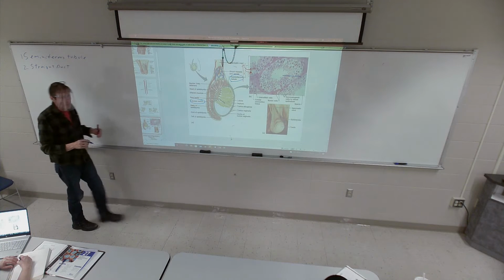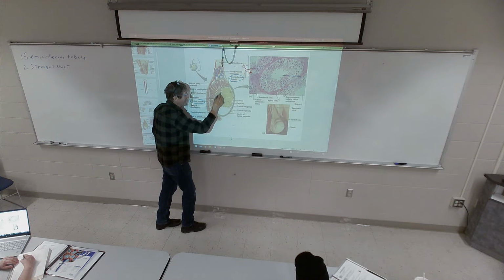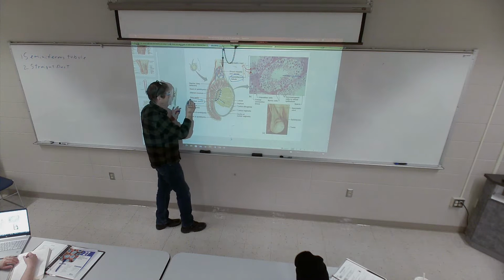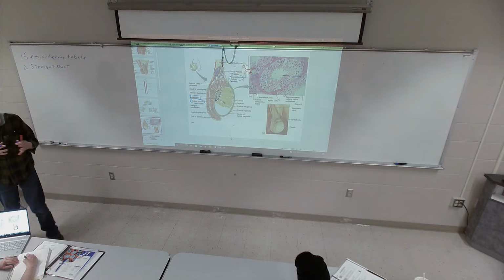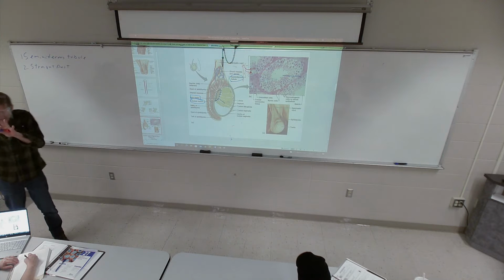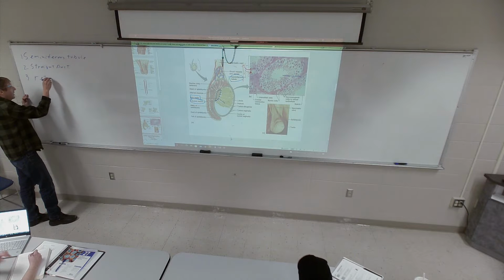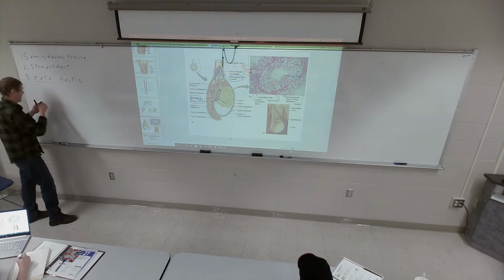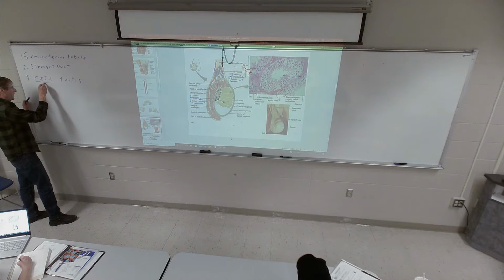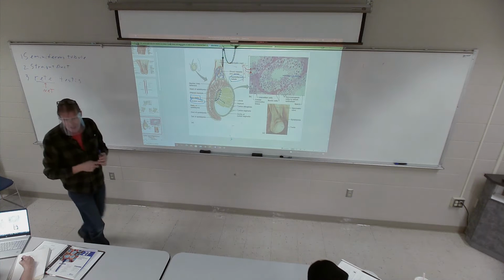Which will conduct the sperm into a different structure, right along here. That's a network of interconnected tubes. So all the straight ducts go to this big network of tubes, which is called the rete testis, the net of the testis.